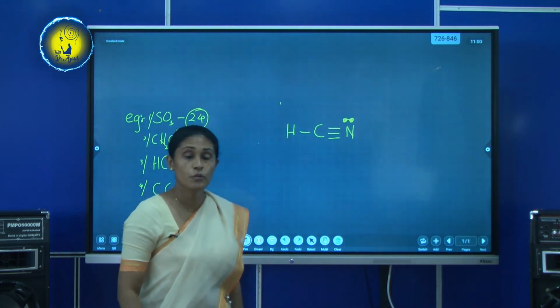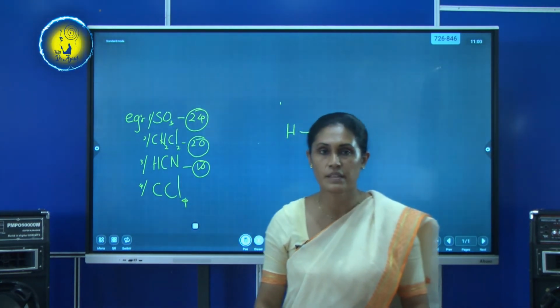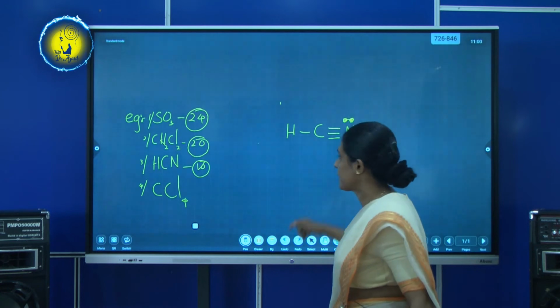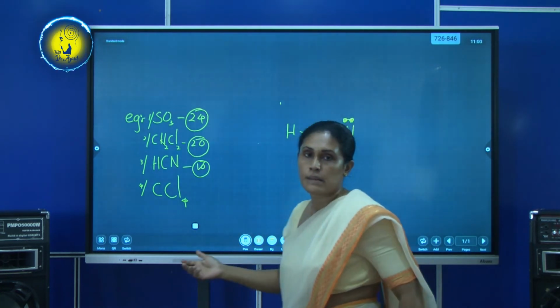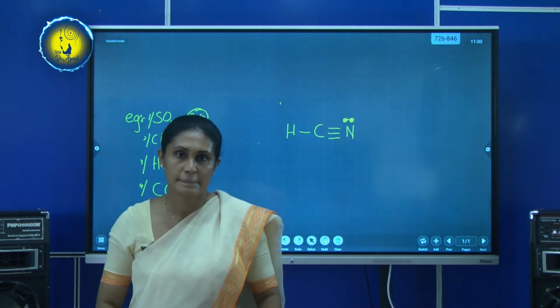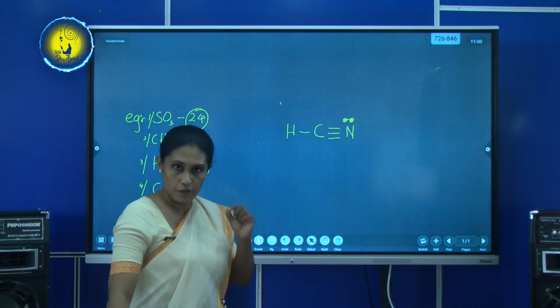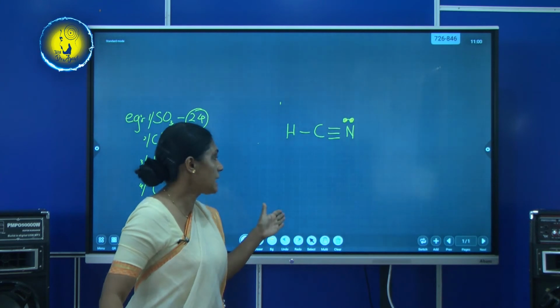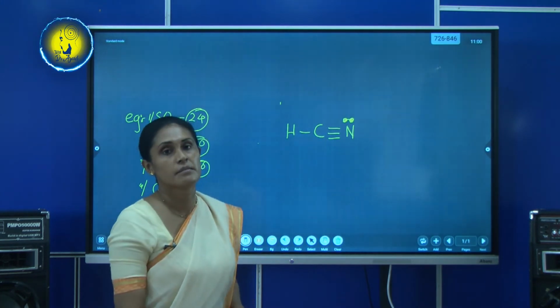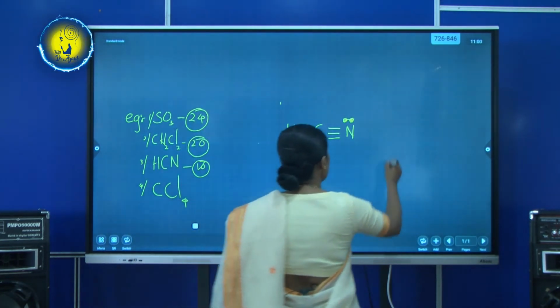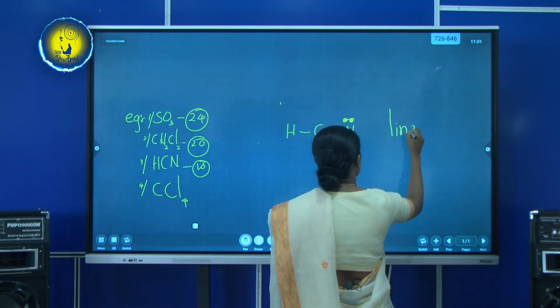Right. Now you will ask teacher, what is the shape of this compound? It doesn't have a shape like what we have discussed earlier. It has a linear shape. It is in a line, linear.